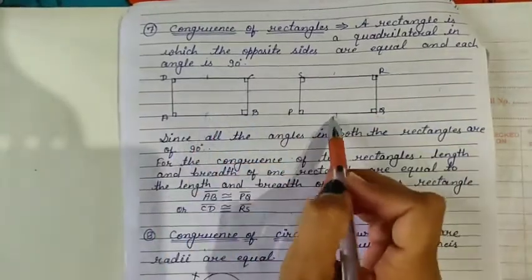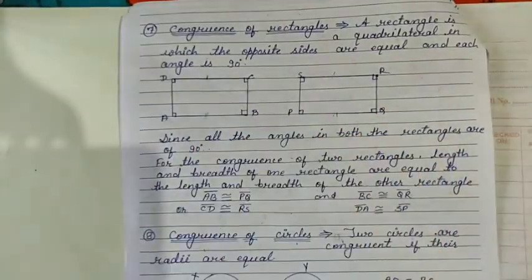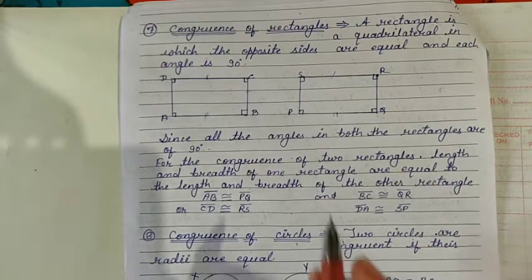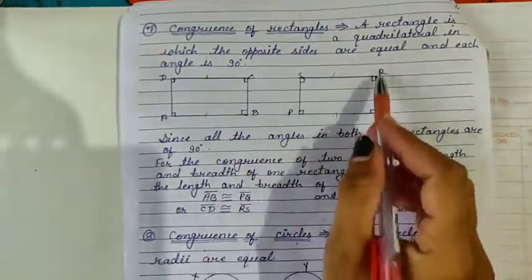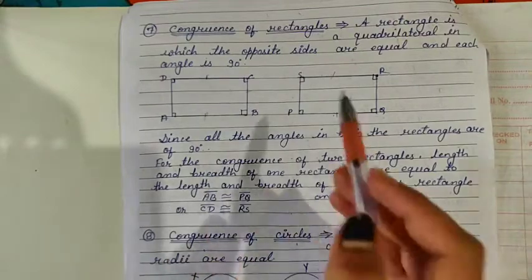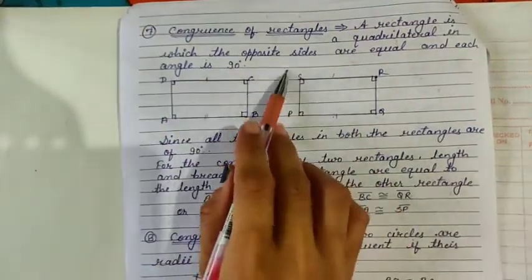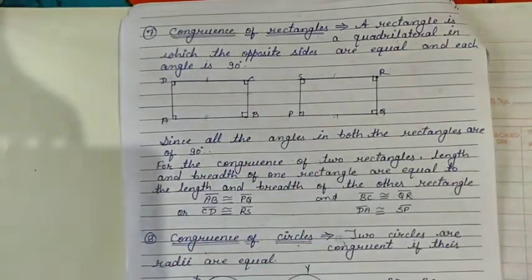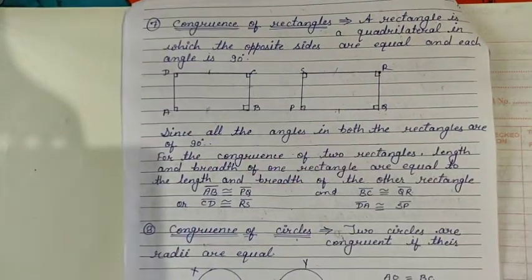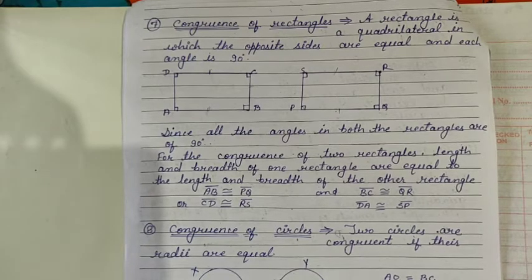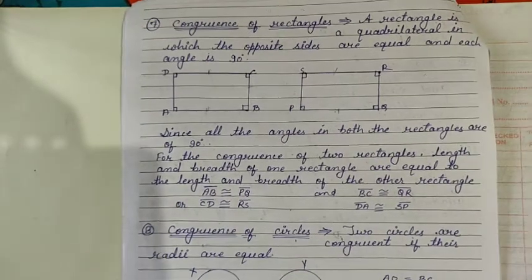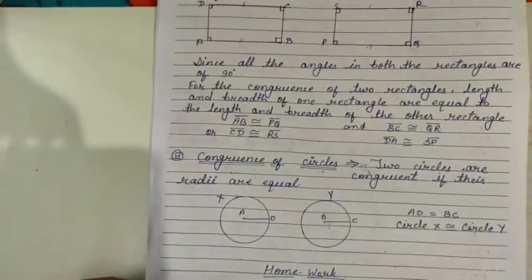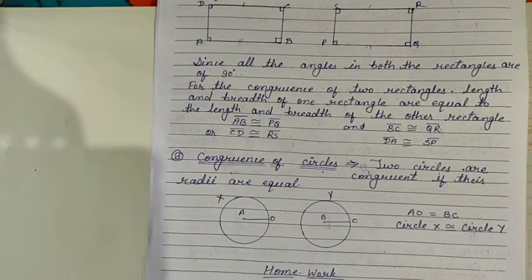If these two lengths are congruent, then these two lengths must be congruent, and BC congruent to QR or AD congruent to SP. Then these two rectangles are congruent, if the length and breadth of one rectangle are equal to the length and breadth of the other rectangle.